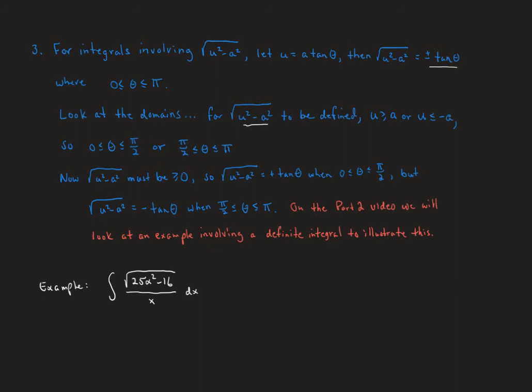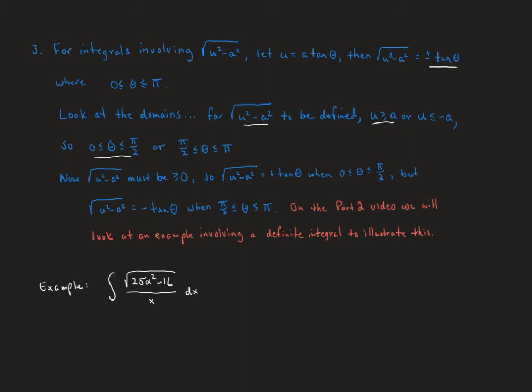So that means for the first part, if we want the u to be greater than or equal to a, that means we're going to have to be in this part of our domain, that we're going to have theta be between 0 and pi over 2. We need to be in quadrant 1.